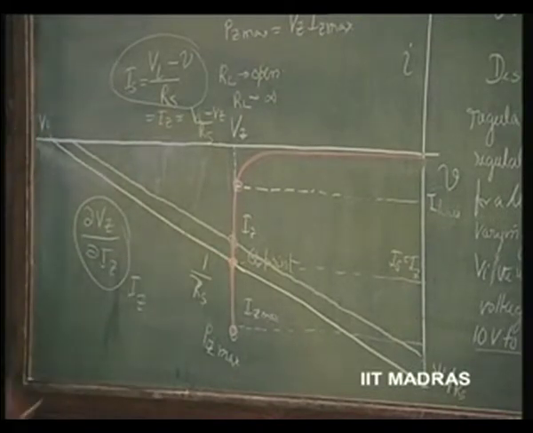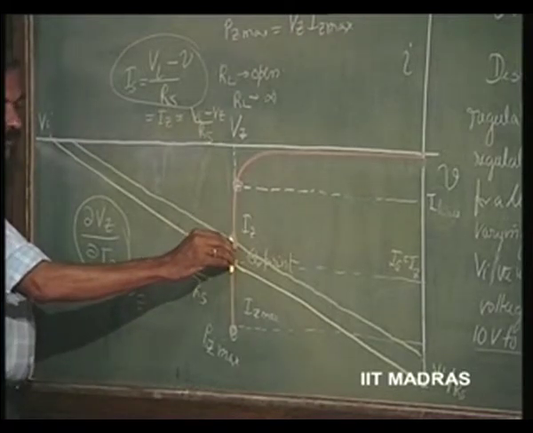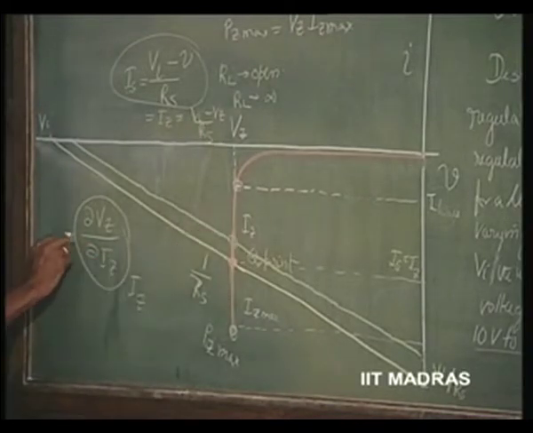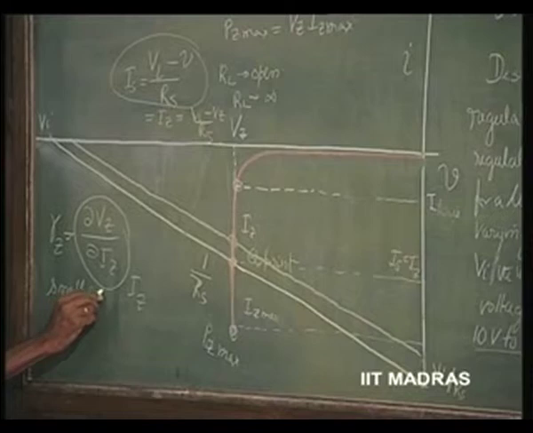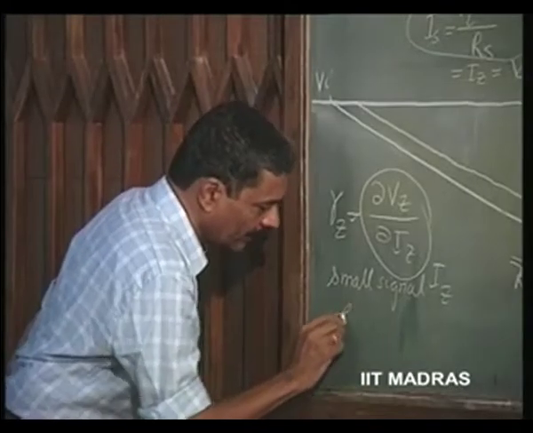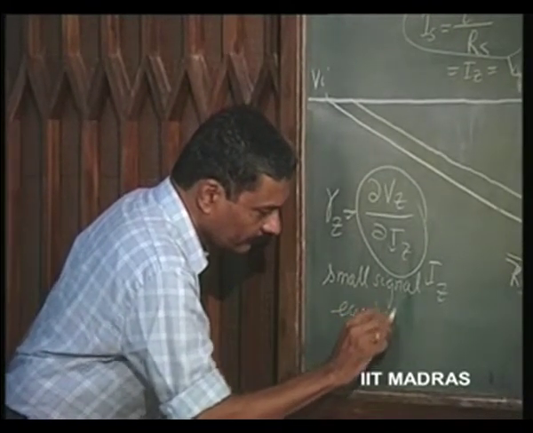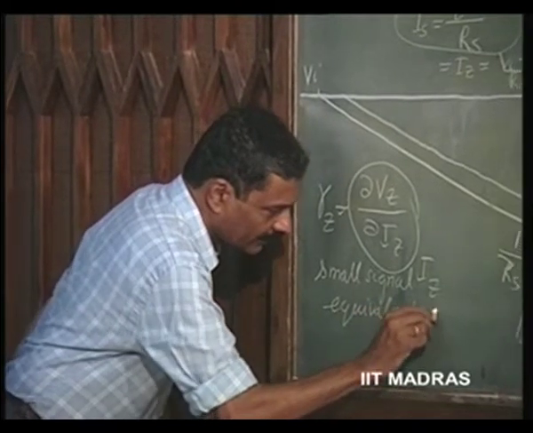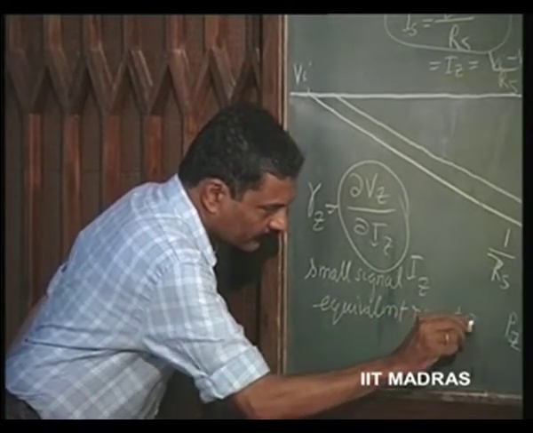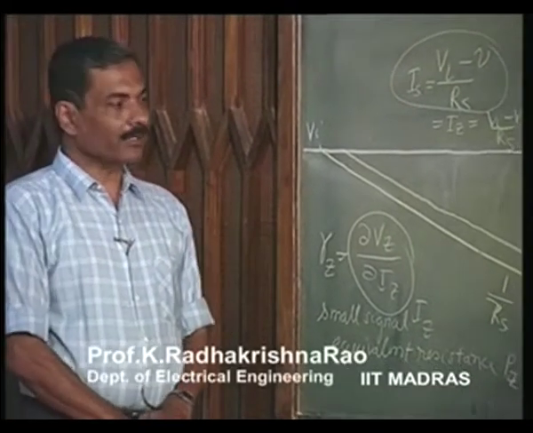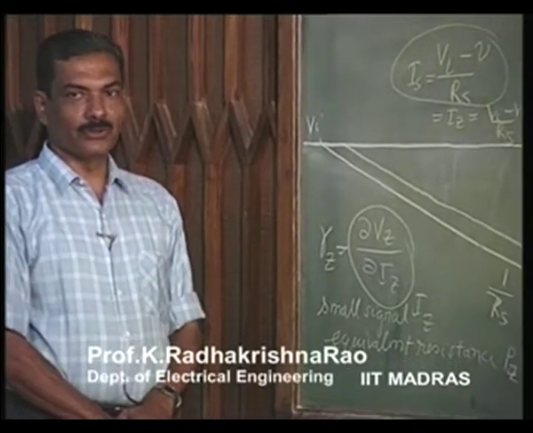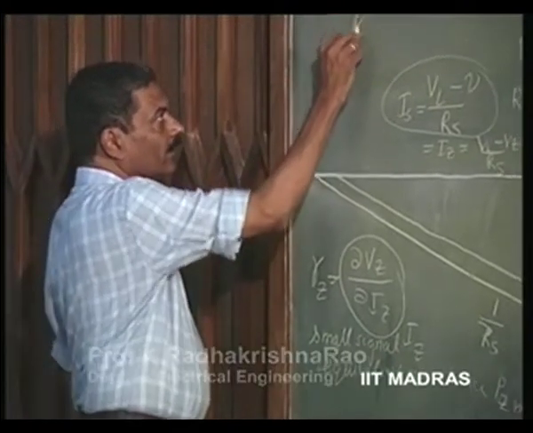So, if this is vertical, this resistance is called the Zener small signal equivalent resistance. Typically, for these Zener diodes, it is of the order of tens of ohms.